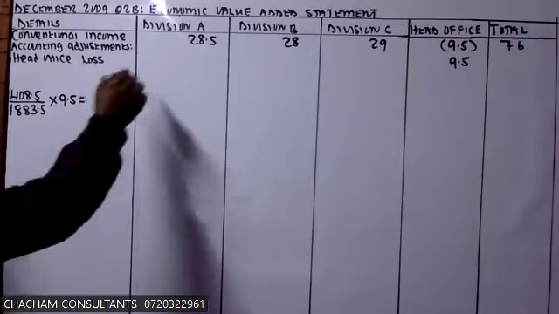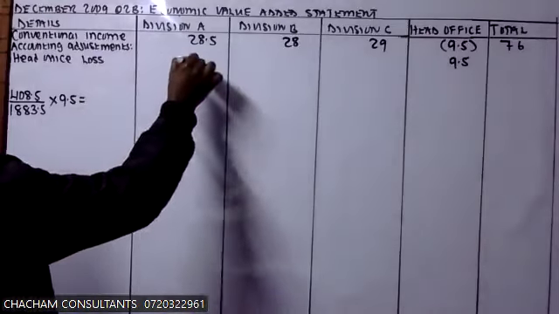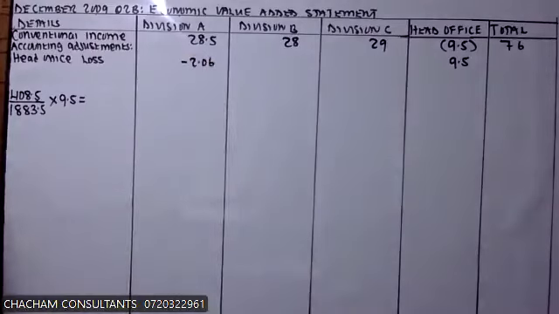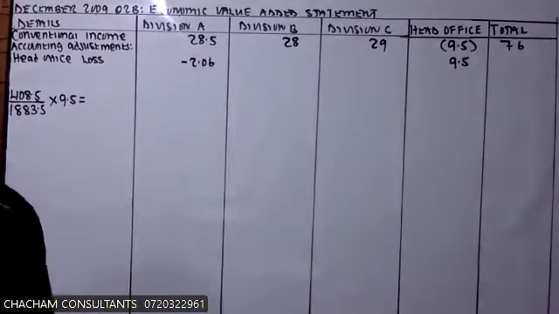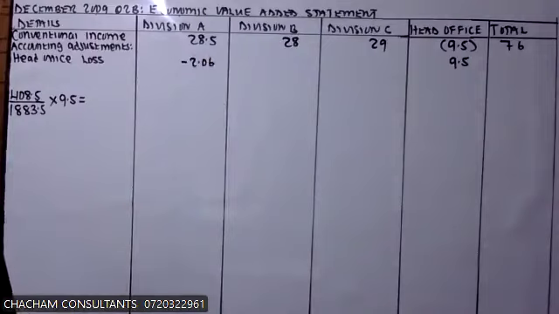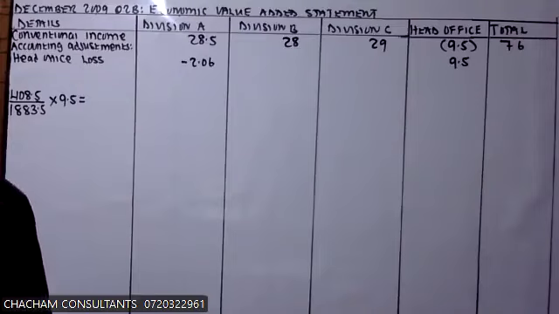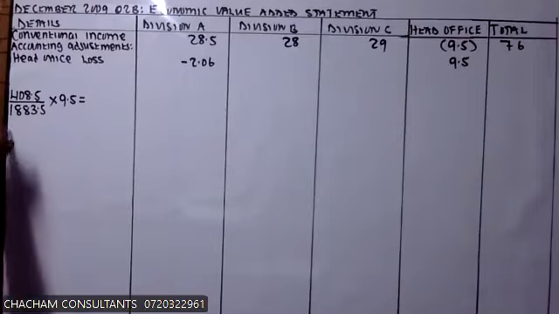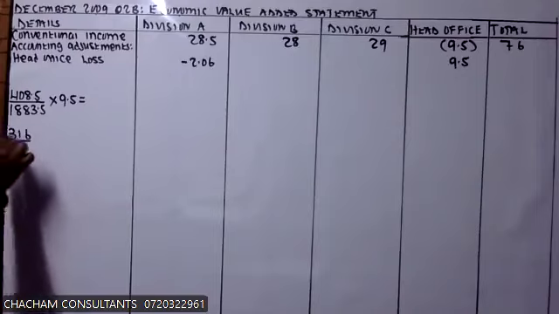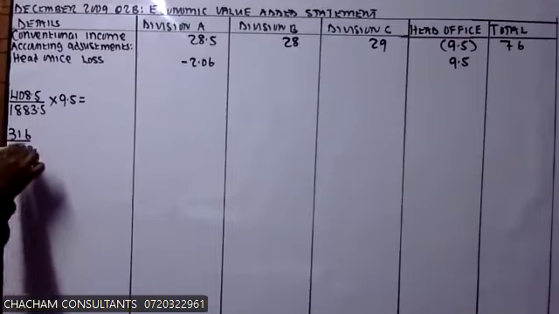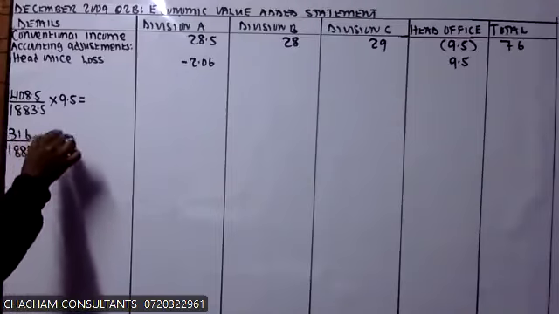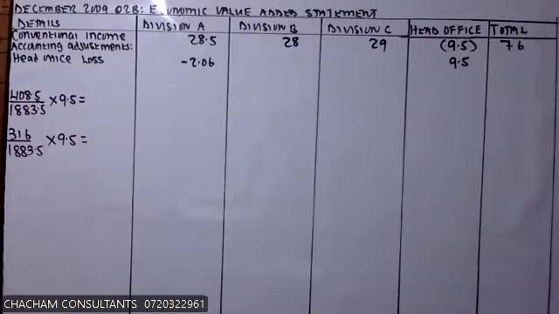So you write it here as negative 2.06. Let's use 2 decimals, I think that is what I captured first. Negative 2.06. Okay, the next one: you take 316 out of 1883.5 times 9.5. Again, give me to 2 decimals.